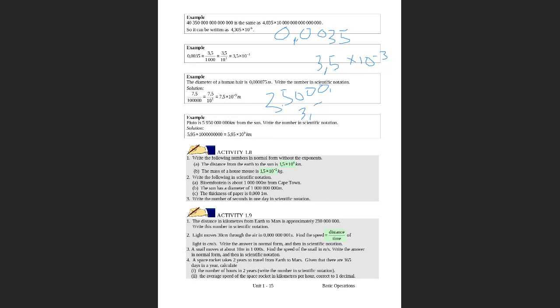Because now the original comma is to your right, it will be times 10 to the power 4. Of course, the comma moved 4 times before I was able to convert the number to between 1 and 10. Is it making sense? So my question is, must I include the step which says 3,5 over 1,000? You can use any step that you are comfortable with.